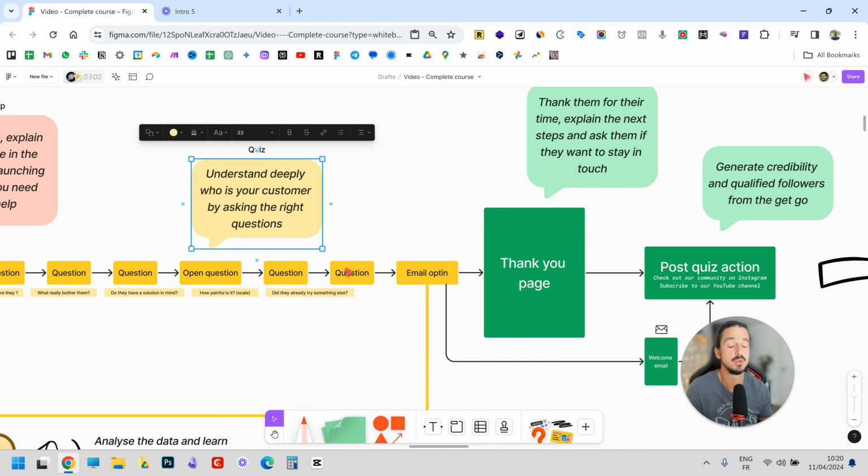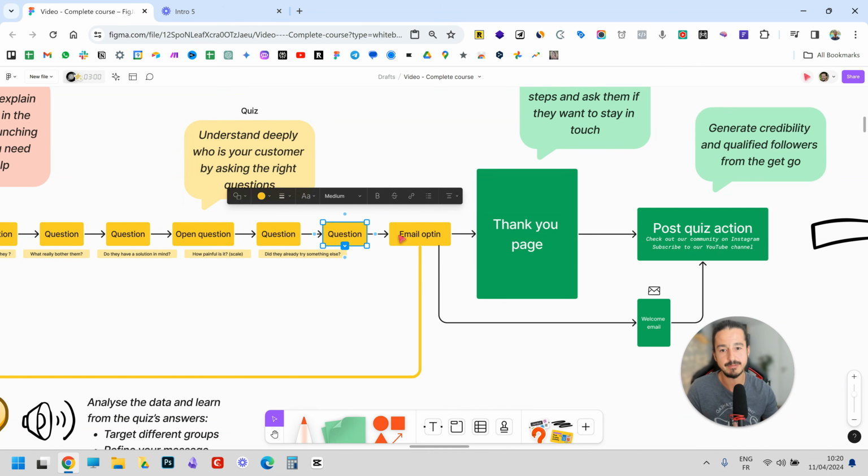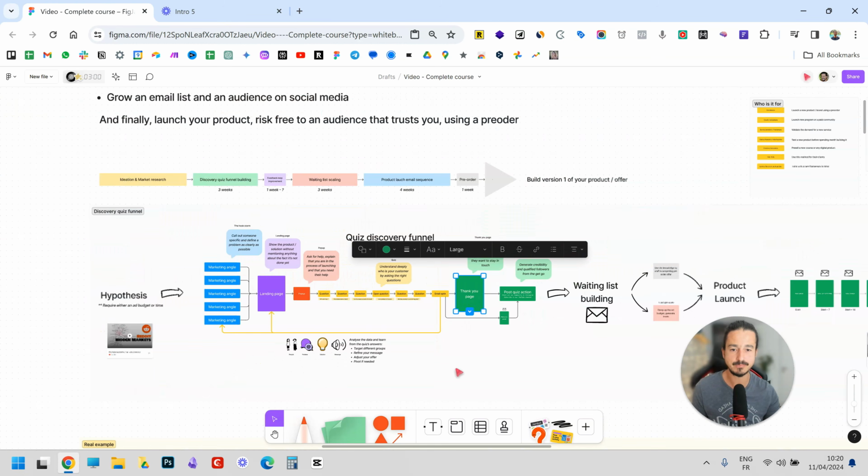If they say no, you nicely explain that it's really nice of them to have taken the time, but you have no way to reach out to them when you launch the product. So maybe they change their mind, maybe not. But at this point, this is the email opt-in. Most of the time, people that have finished the questions would end up giving you their email address.